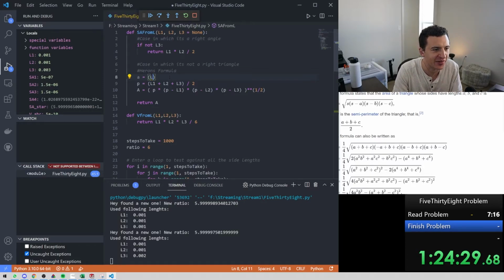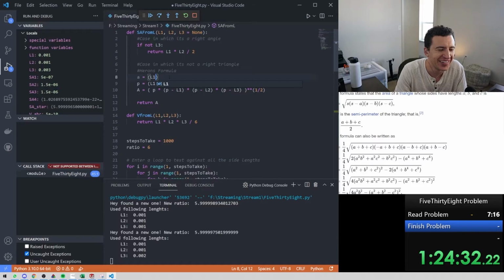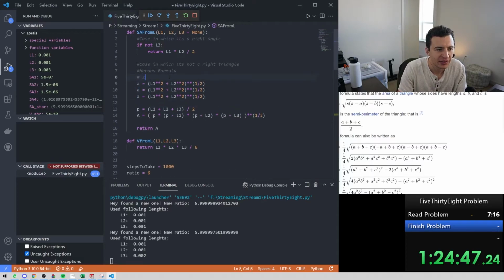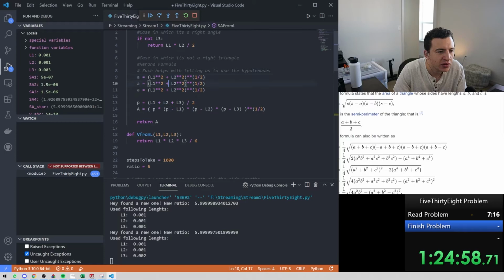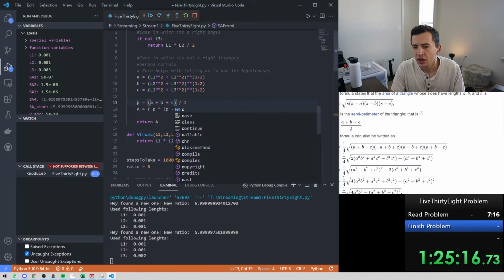L. So now, John is Larry, you can help me by telling me what the formula for this is. Plus L2 squared square root. And we do this 3 times. Okay, so we now use L2 and L3 and then L3 and L1, and that gives us A, B, and C. And then these use A, B, and C now.